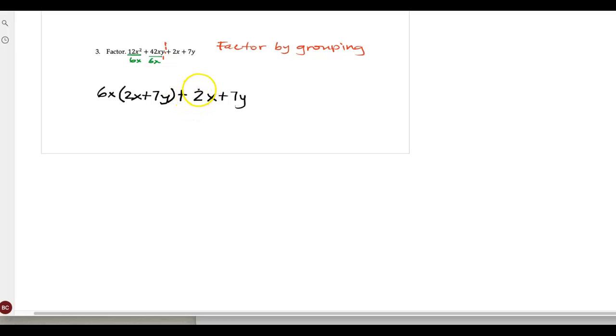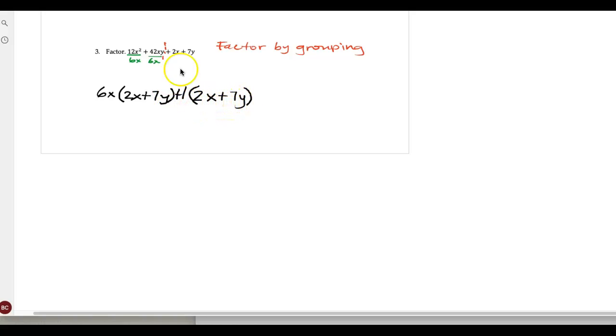I know that's a little bit confusing sometimes. So I'm going to write this down as though I divided a 1 out of everything. Let me see if I can make that look a little bit more legible. Okay, so this is going to be plus 1 times all of that.